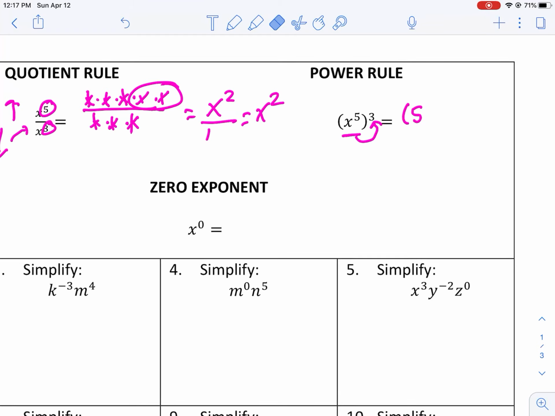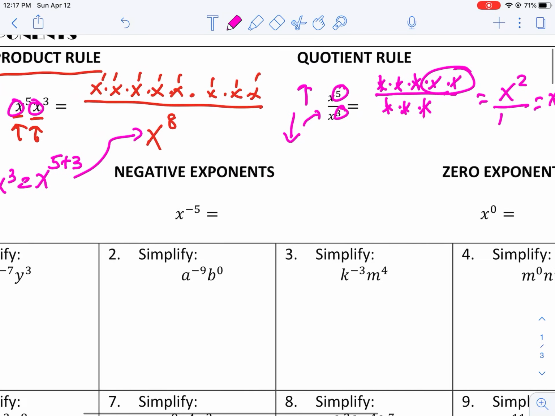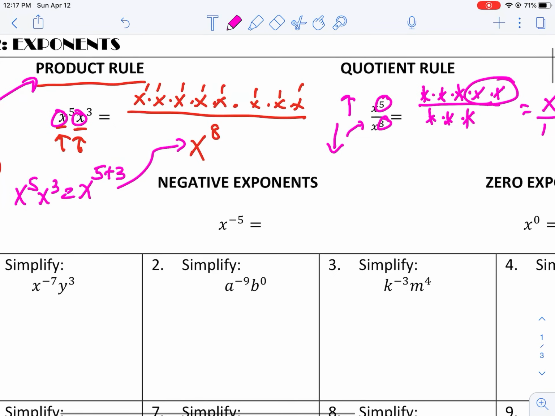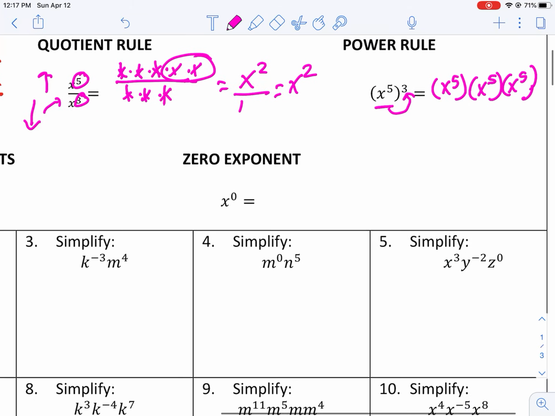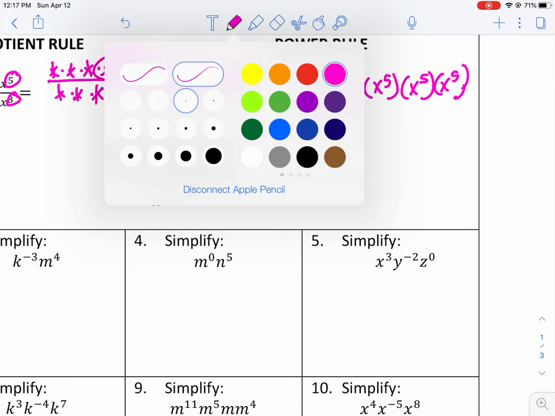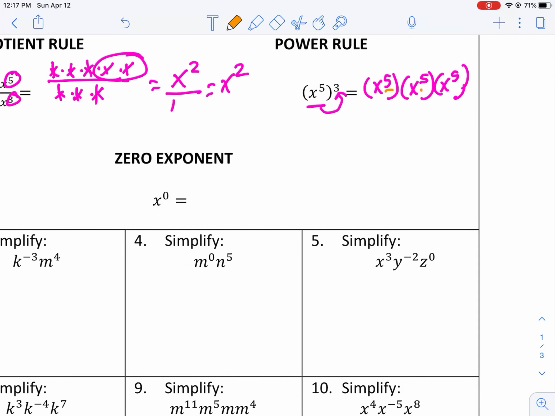Then we have the power rule, where we're taking a power, x to the 5th, raised to a power. What this means is x to the 5th times x to the 5th times x to the 5th. And if you remember what we just did with multiplication, whenever you have like bases and you're multiplying, we can write it all out, or we just add the exponents.